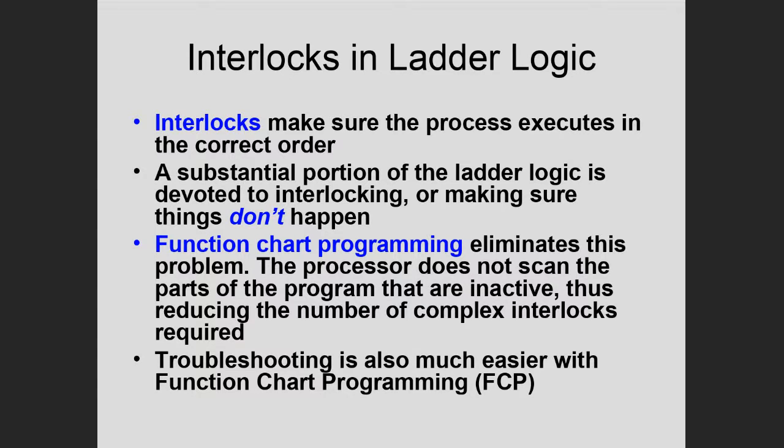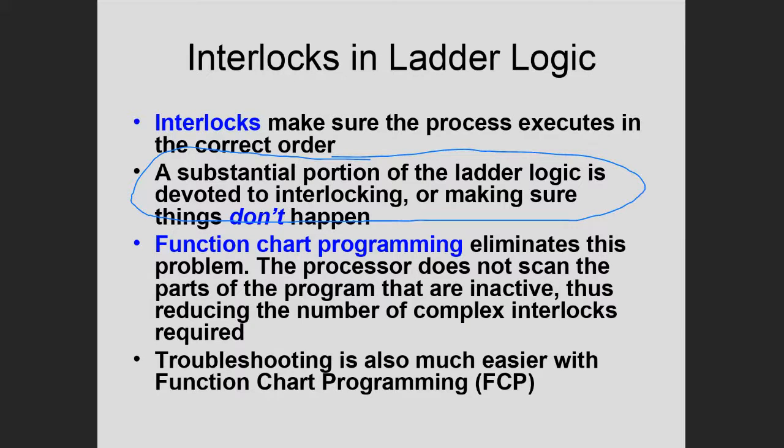Depending on the process we're talking about, interlocks can add a lot of wiring to a physical interlock and a lot of logic or instructions to software interlocks, the ones that you would program. Well, with function chart programming, you don't have to worry about that, because the processor knows which parts of the program should be skipped over and which are active.